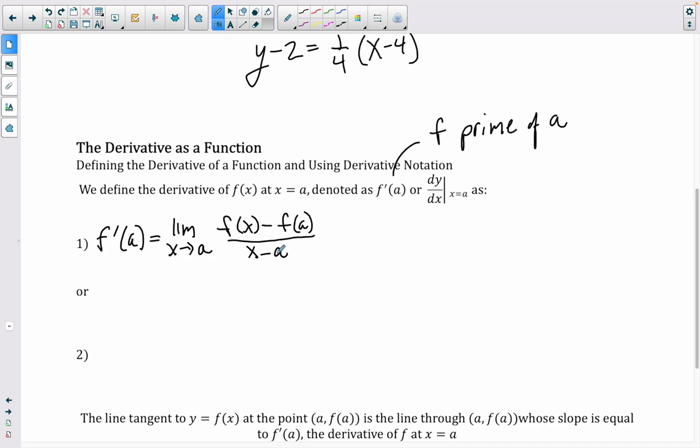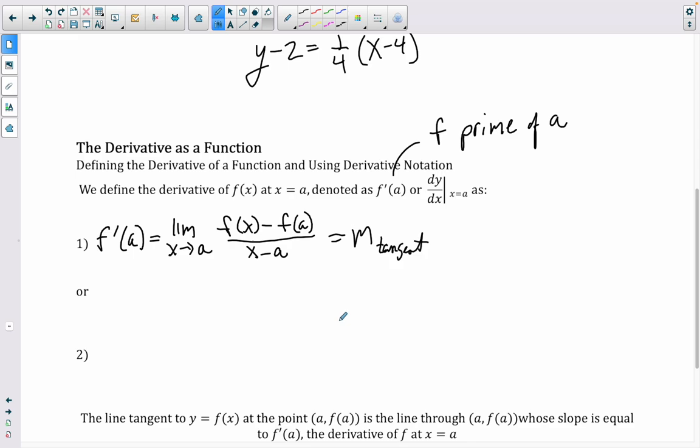This is no different than what we did before. Instead of saying slope of the tangent, we're just using derivative notation now. I want to stress that this will result in a number. It's the slope of the tangent line.